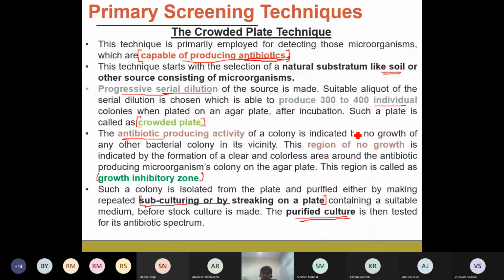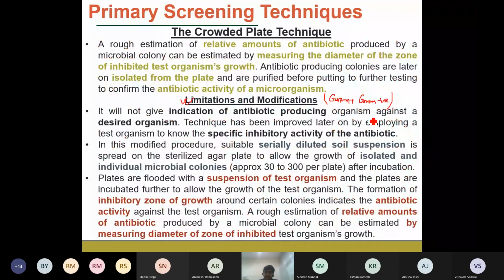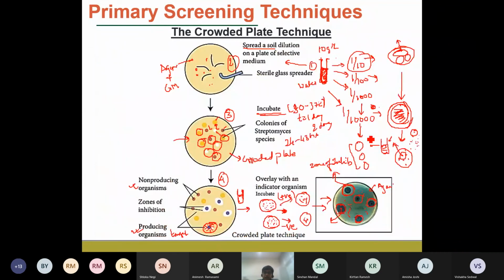That is required when we want to, for example, quantify in terms of the secondary screening. Also, it is important to know the area, or the diameter, of this particular zone of inhibition, because from that we can quantify the efficiency, or the effectivity, of that antibiotic producing microorganism against a test microorganism.